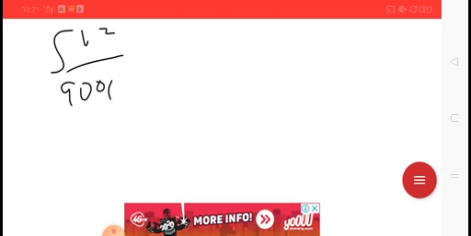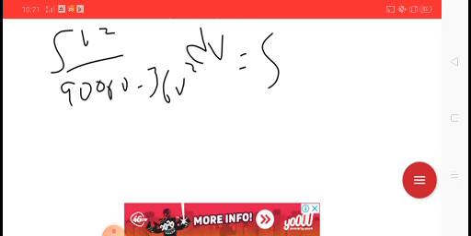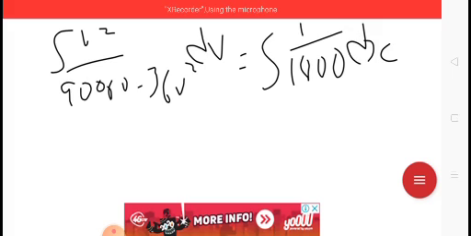You may have this integration of V squared dV over the expression.